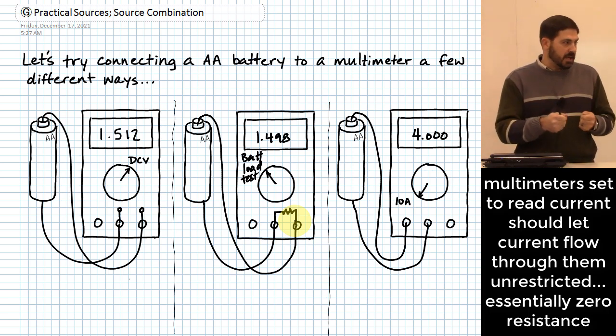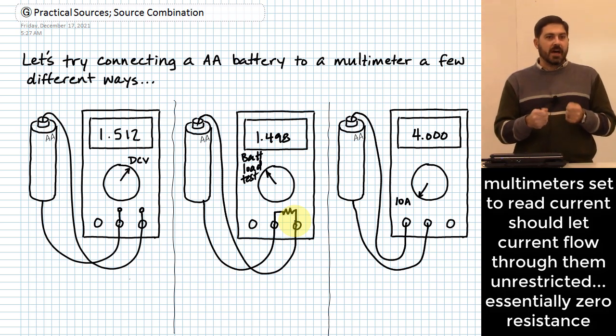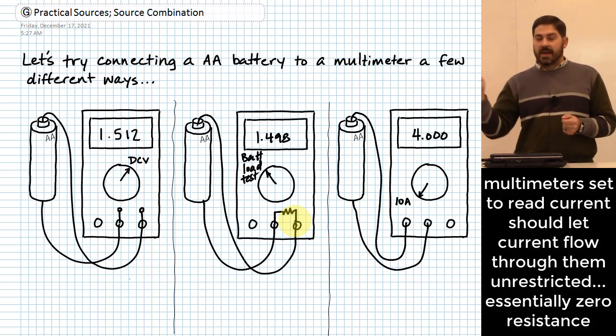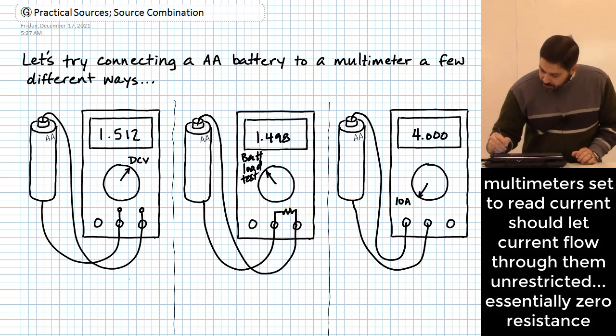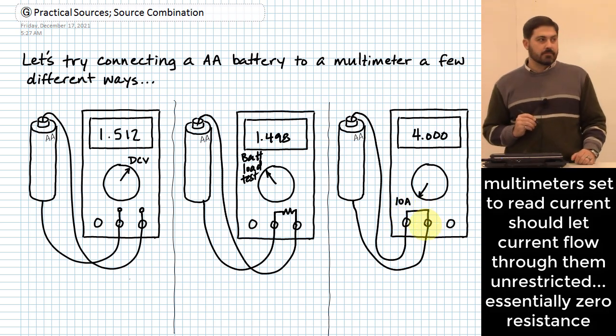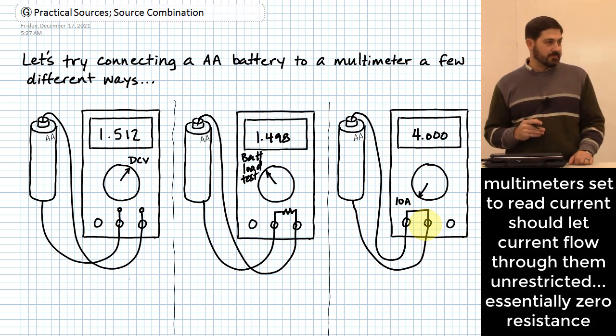If you're the maker of the meter and you're trying to make it good at measuring current without messing up your measurements, what do you need the meter to look like to the rest of the circuit? A short circuit, right? You want it to pass current through without restriction. So inside the meter, when you have it set to measure current like this, it's like a short circuit. And that's on purpose, so that the meter is capable of making good readings for current.